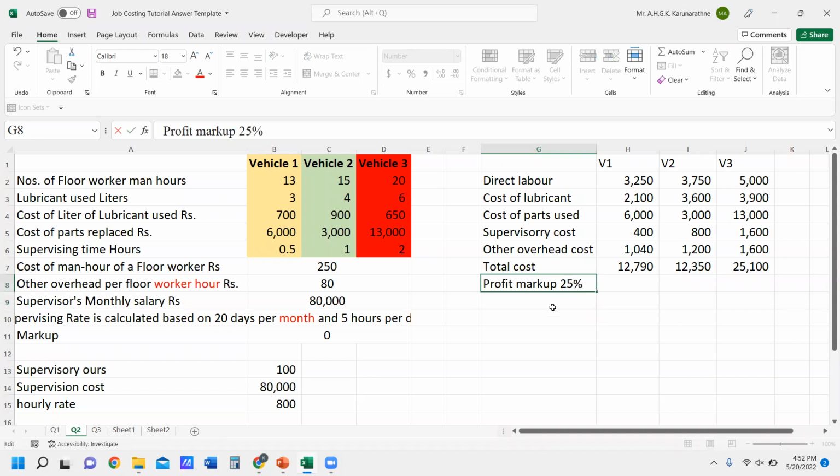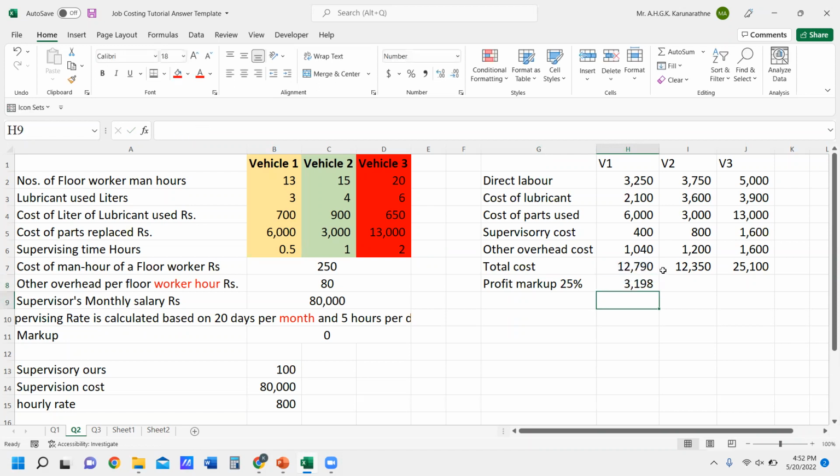Let's assume 25% markup is there. So we add a markup, times 0.25. So this is the markup to keep for each job.